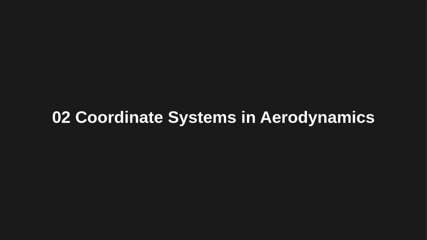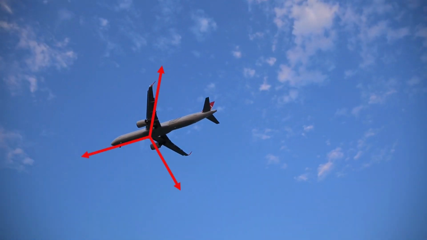Now, let's talk about coordinate systems. When we describe an aircraft's motion, we have a few options for how to set up our frame of reference.